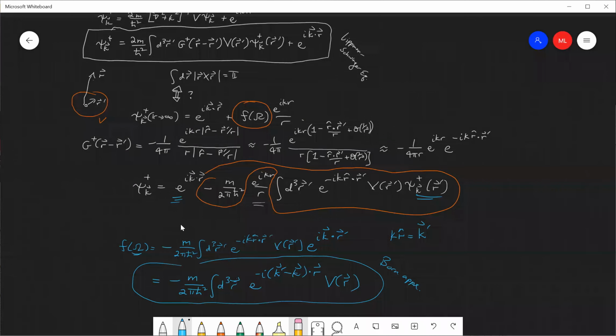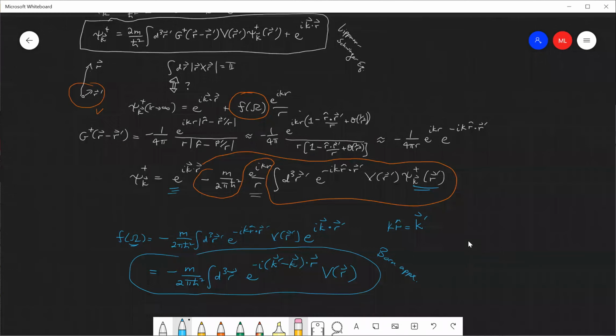And then if you interpret this as a kind of iterative solution for psi, where the first order term is the plane wave, you plug in the plane wave here, then you just get the Born approximation for the scattering amplitude. But already at this stage, we see that asymptotically, the solution of the Schrodinger equation has this form: incoming plane wave plus something, which is this circled thing over here, times this outgoing spherical wave.